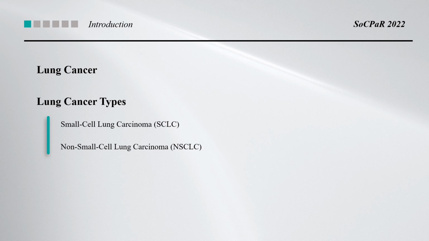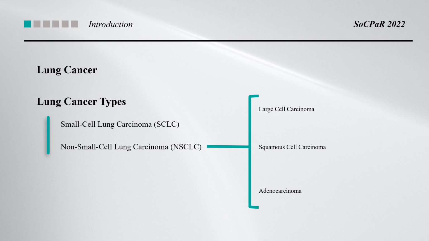In general, there are two types of lung cancer, small cell lung carcinoma and non-small cell lung carcinoma, which is also divided into three categories depending on the location, shape, and size of the nodule. Since each category and lung cancer type has a different treatment, diagnosing and detecting lung cancer in the early stage is crucial.